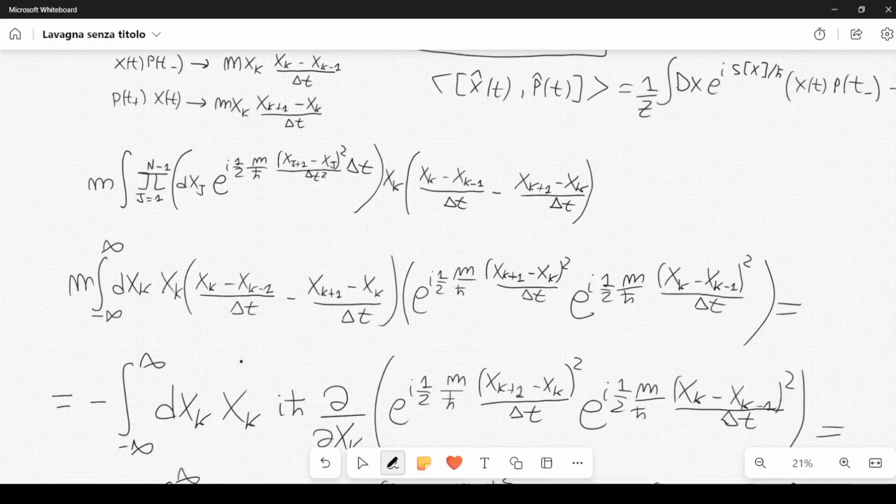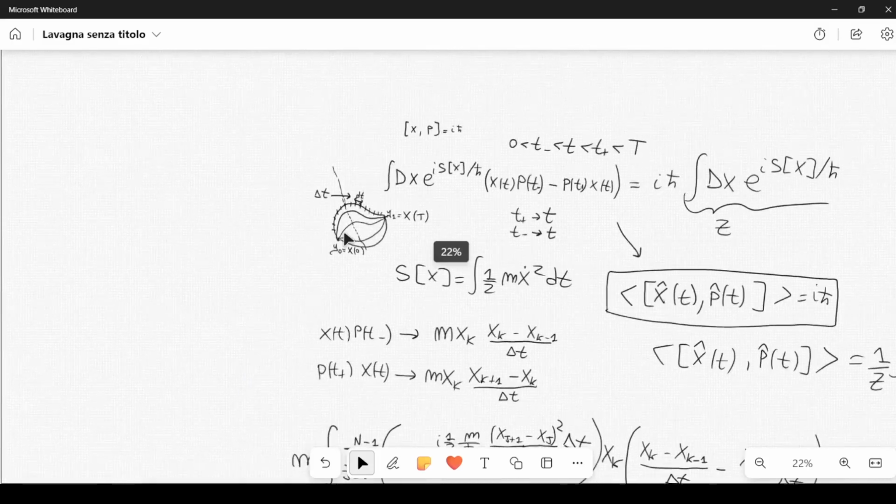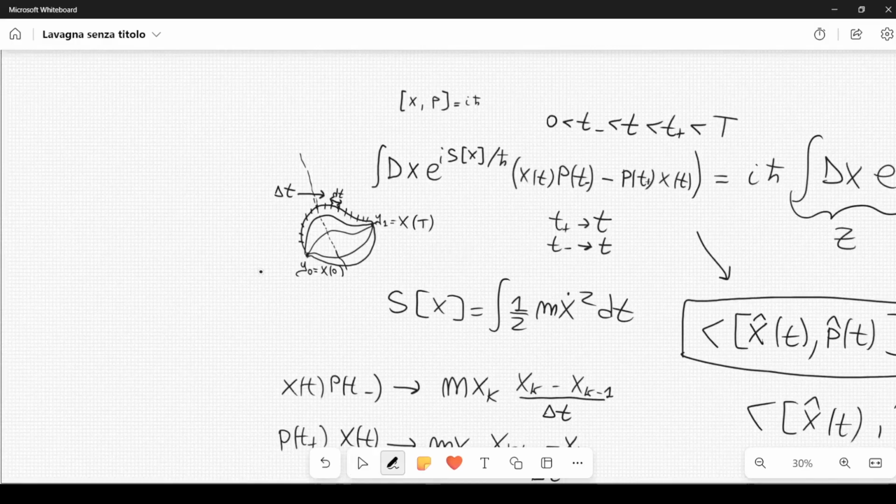Basically when x of t is very large or very negative, so it's either equal to plus infinity or minus infinity, this is basically telling us that if we consider the trajectories here, and we assume that the time instant that we are analyzing is this one, we are saying that the trajectory that we are analyzing is one such trajectory where x of t is very far away from the two endpoints of our trajectory.